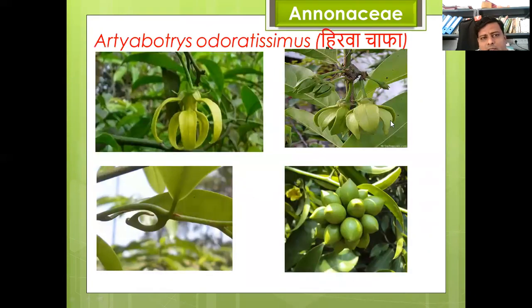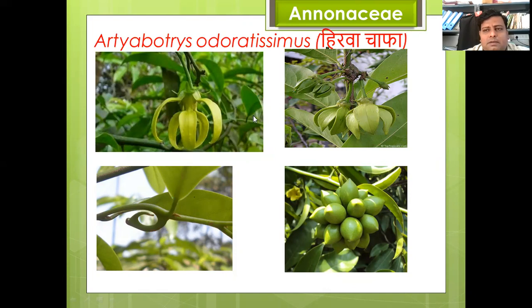Here is another example of family Annonaceae, Artabotrys odoratissimus. You have to spell it odoratissimus. We call it Hirva Chafa. Here you can see these are the flowers. They have a very pleasant smell.